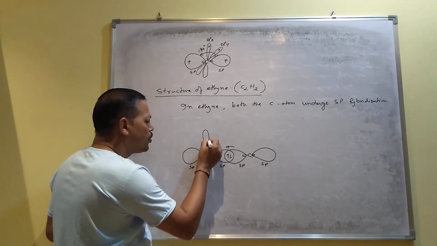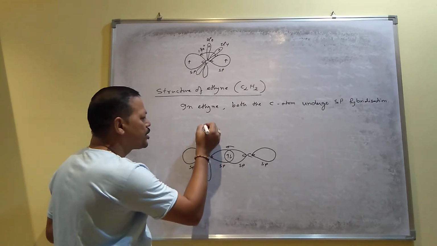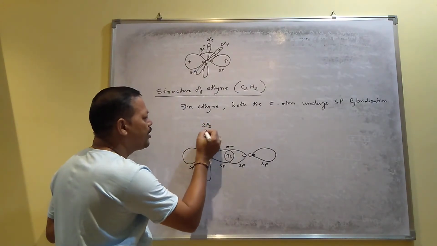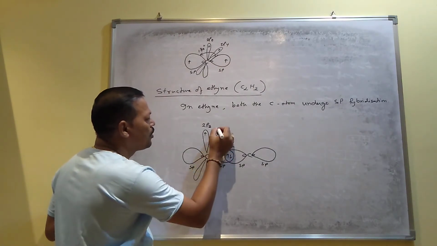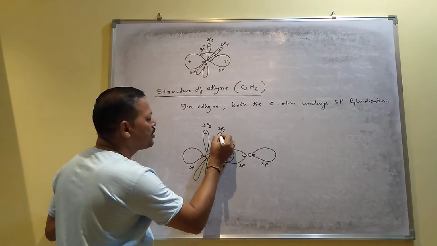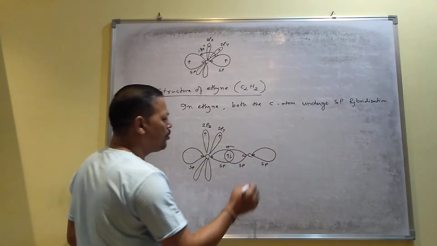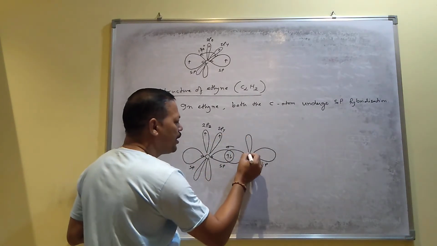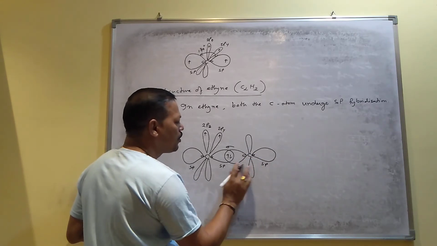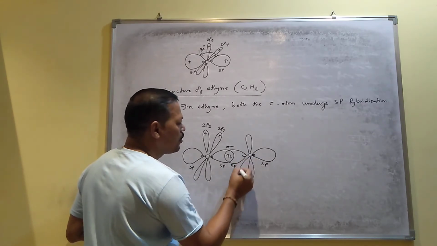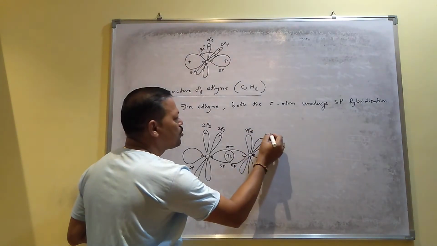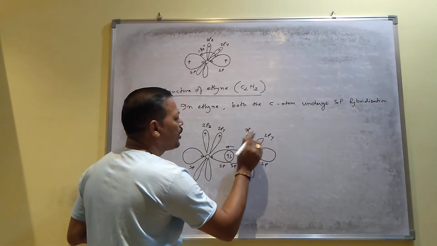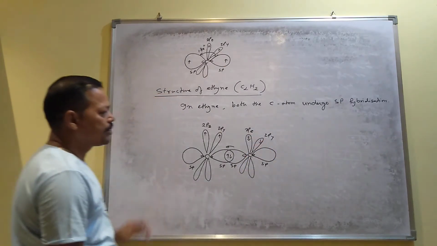This is your 2pz orbital, which is perpendicularly present, carrying one electron, and this is your 2py, carrying one electron. This is also perpendicular to the plane. This is 2py, this is 2pz, this is 2py, carrying one electron like this.